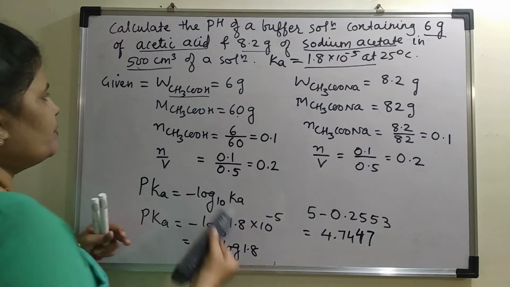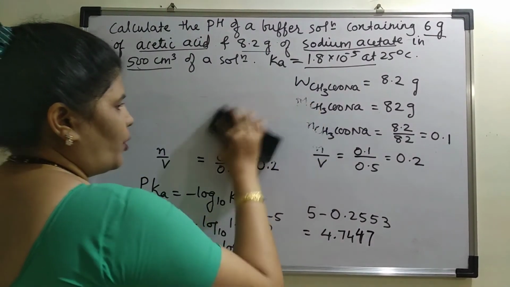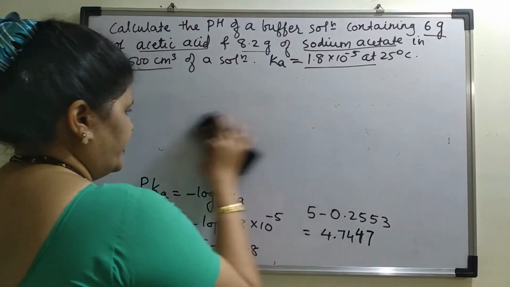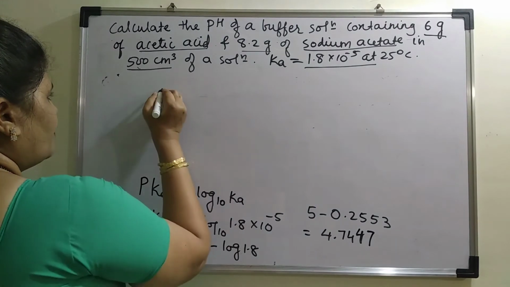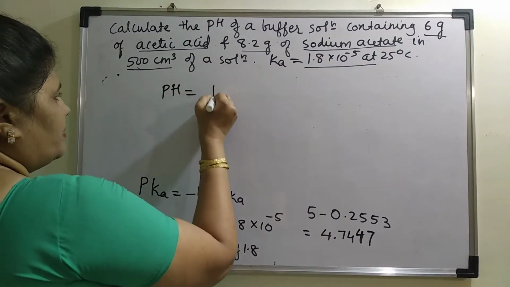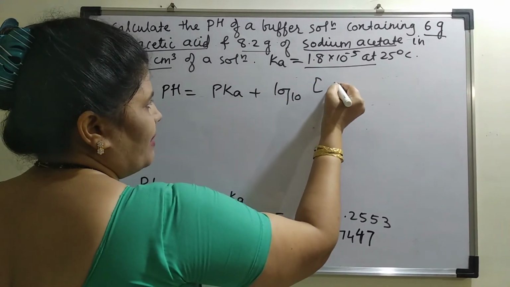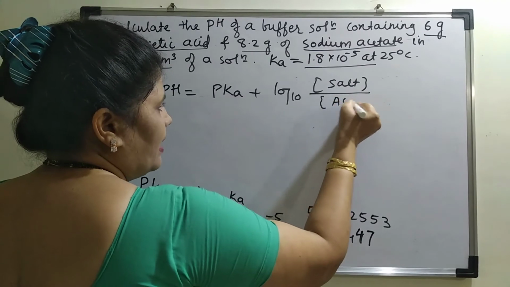Now let us substitute those in the final equation. You have the active mass which is 0.2 each for both sodium acetate and acetic acid. Let us substitute that in the formula. So pH is equal to pKa plus log to the base 10 of active mass of the salt upon active mass of the acid.